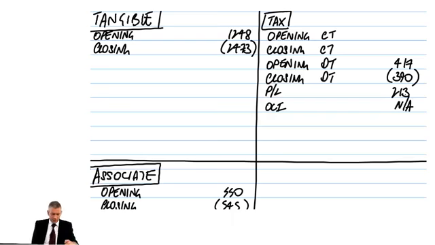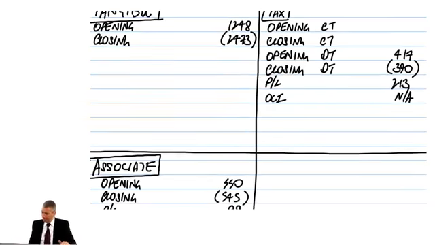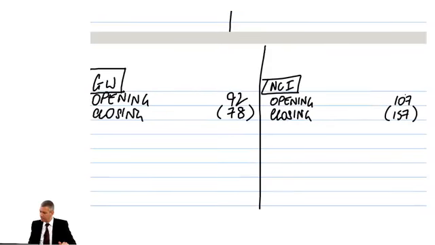Then right down at the bottom you've got who sits between Pat and Pam? Hello girls, NCI. And the NCI is up there. So P&L 69, yep, that's good. And of course taking NCI makes the NCI bigger.